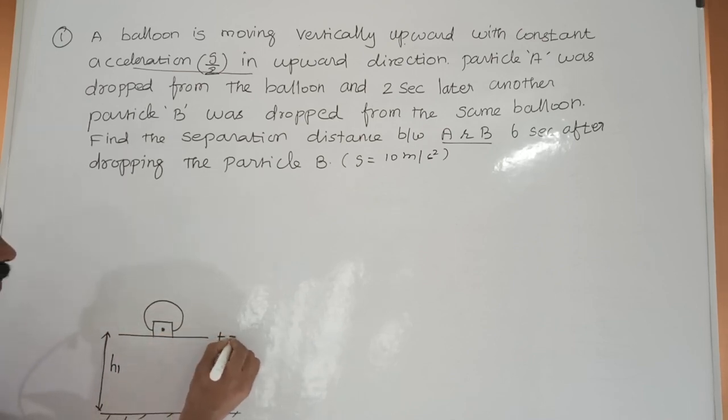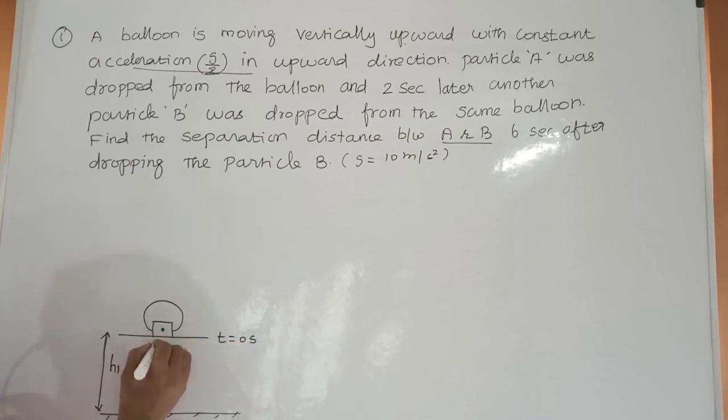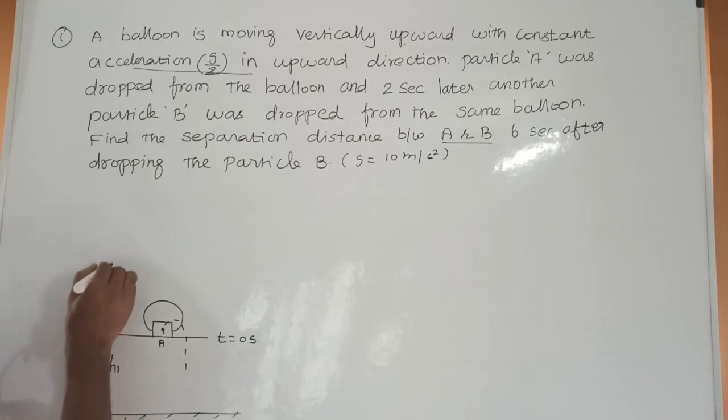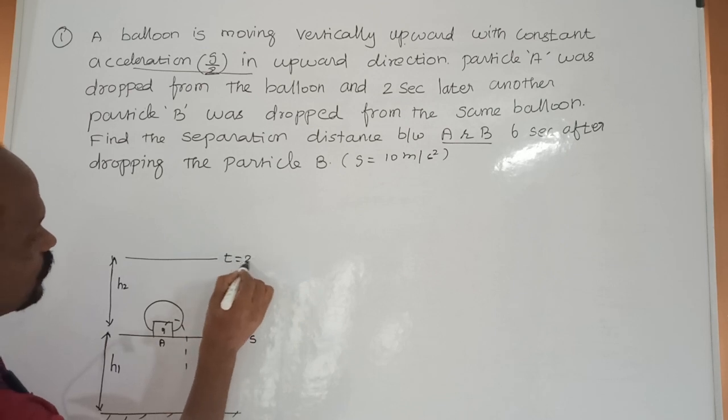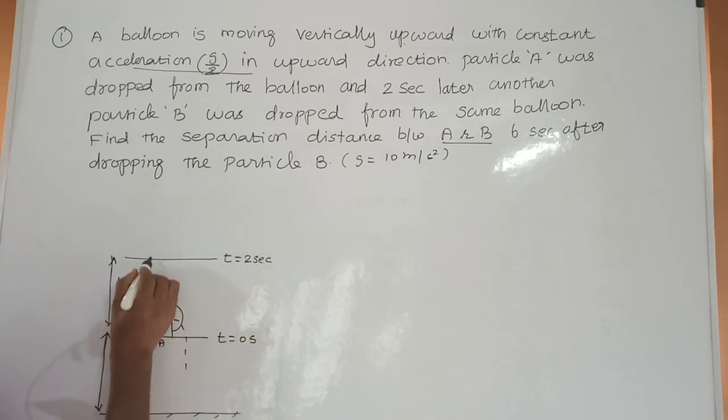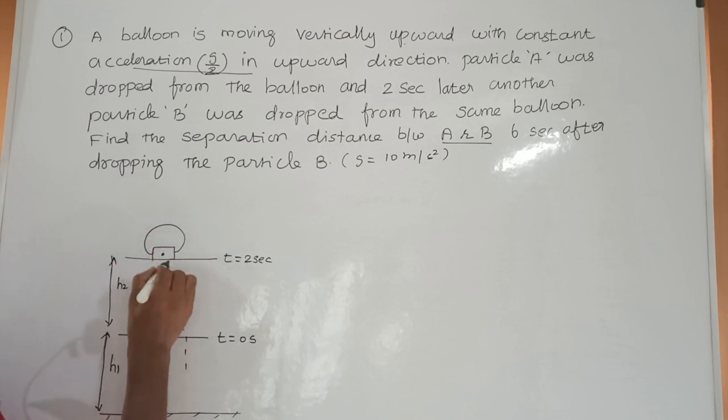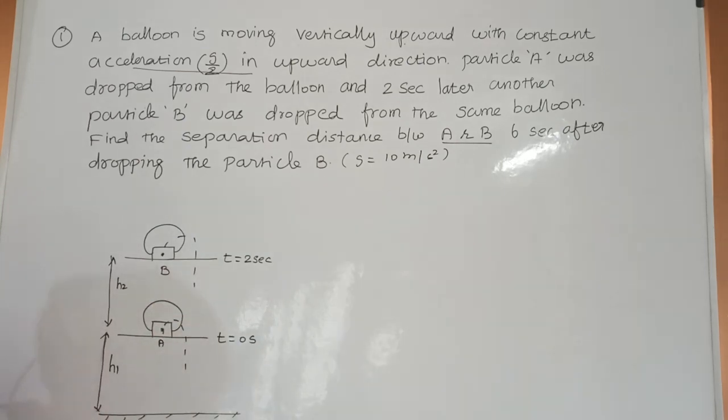So at t equals 0 seconds, particle A was dropped from the balloon. After a certain height h2, after 2 seconds, at t equals 2 seconds, from the same balloon, particle B was dropped.